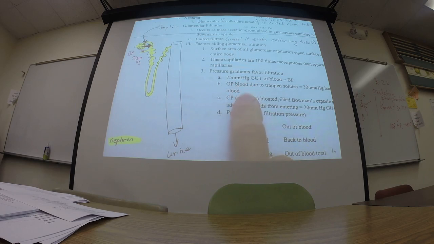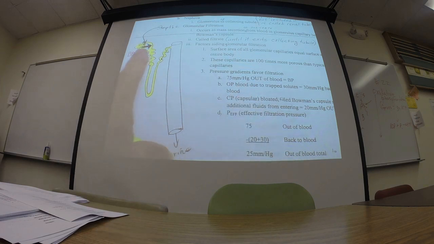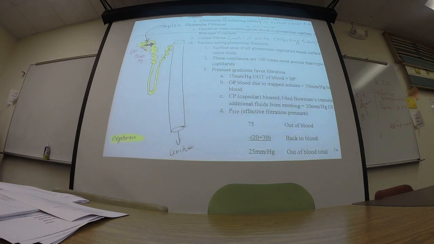But there's particles too big to get out of the blood. We've talked about this before. Red blood cells don't get to leave. Big proteins don't get to leave. Minerals don't all leave. Those are called solutes. Solutes act like a sponge or a wick. What do they attract? Water.